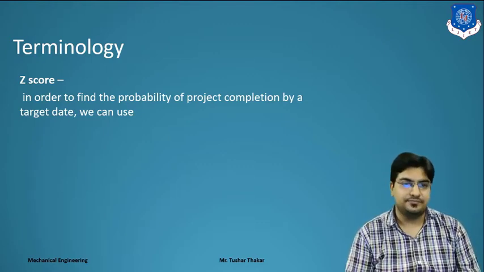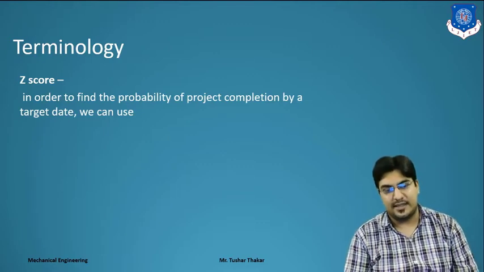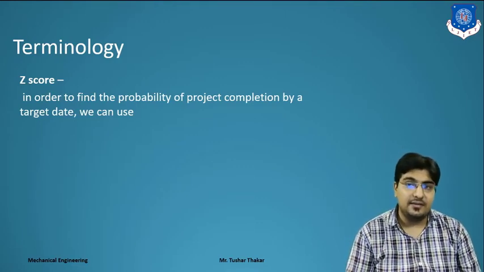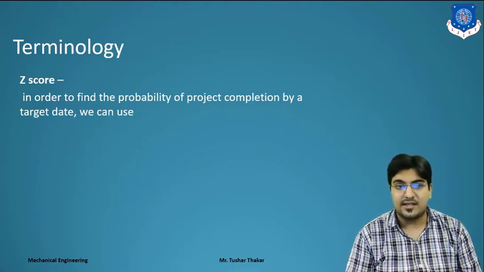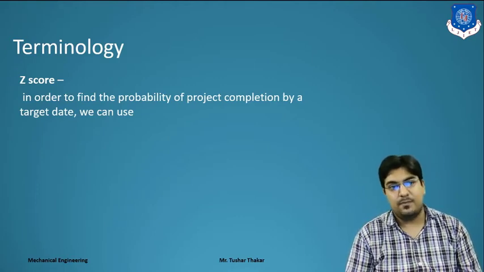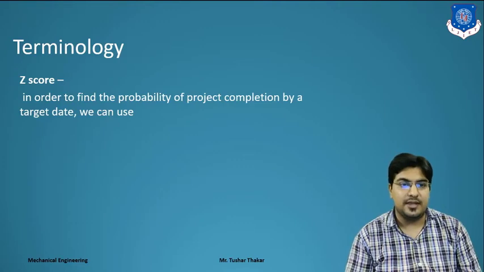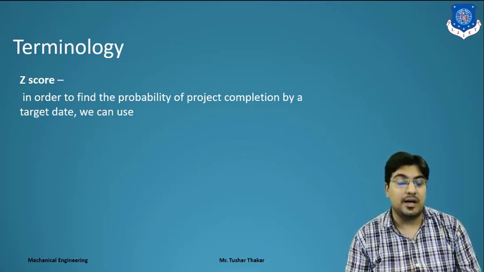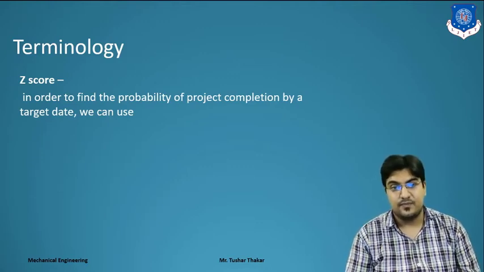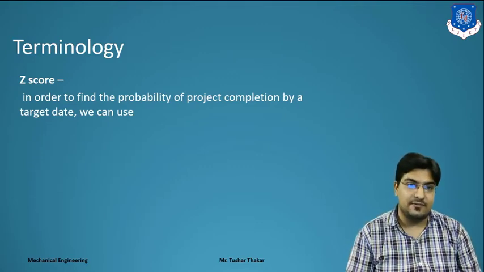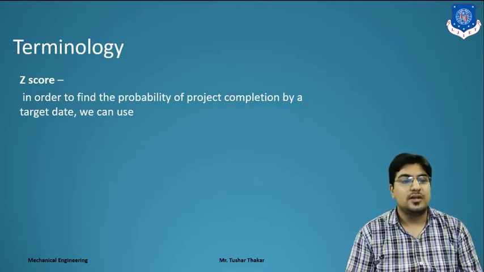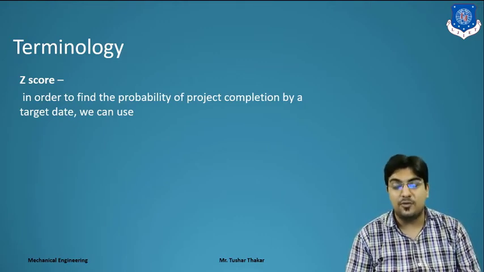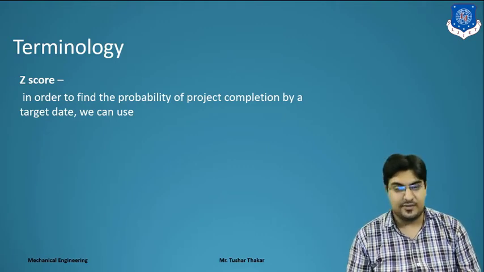Suppose your expected project completion time is 22 days, and in the data they have asked that I have to complete this project within 13 days. So what is the probability of completion of the project? That probability we have to calculate, and that is found using the Z-score.